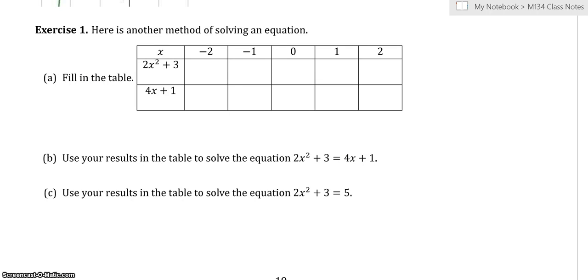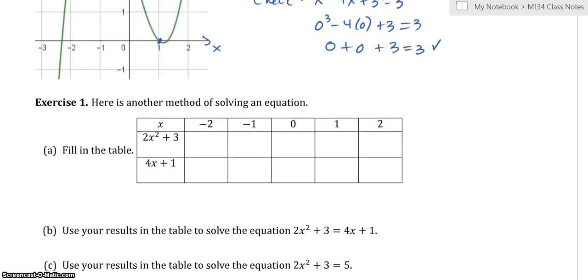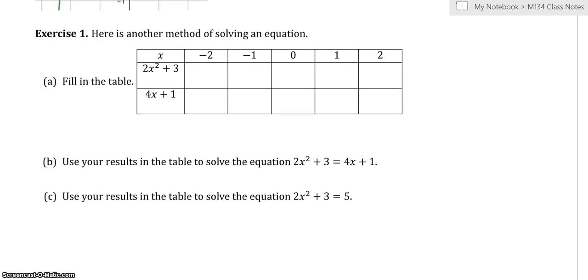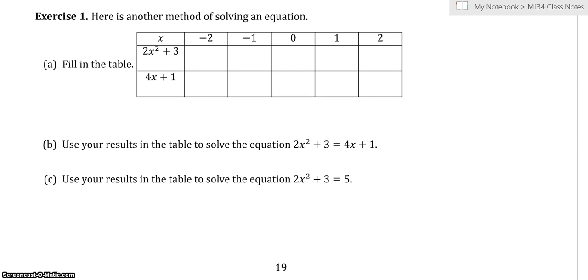Another example of solving an equation is using a table, which I usually don't do much, to be honest with you. I think this is a tougher method to solve than using a graph, especially since we have our graphing calculators. I'll show you that in a minute. But here it is. Since we have not done this yet, I'm not going to use this as an exercise, but as an example.